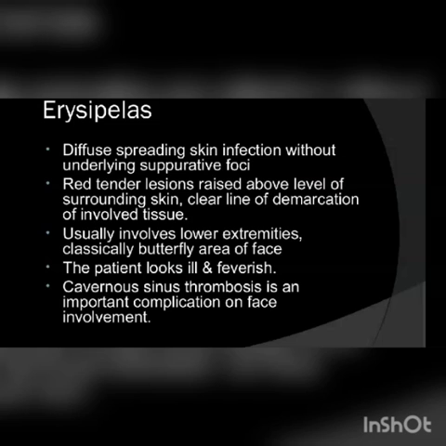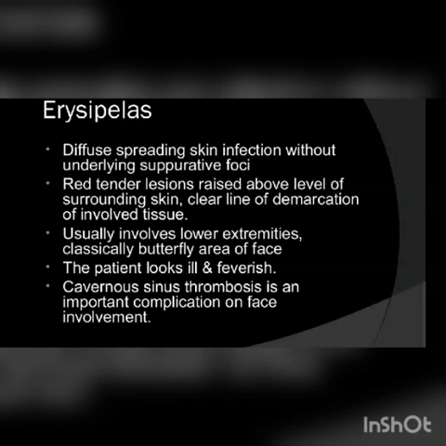Okay, so when we are observing erysipelas, we can easily identify it because there will be red tender lesions raised above the level of the surrounding skin. When we are observing the patient, we can easily see these red elevated lesions.